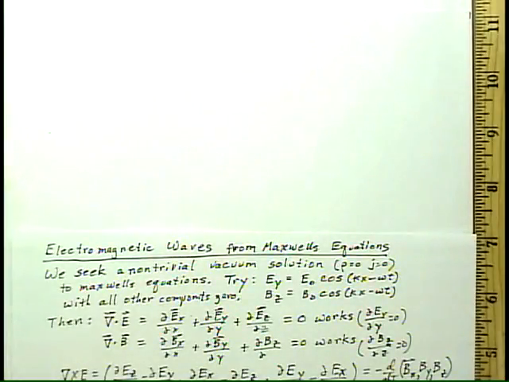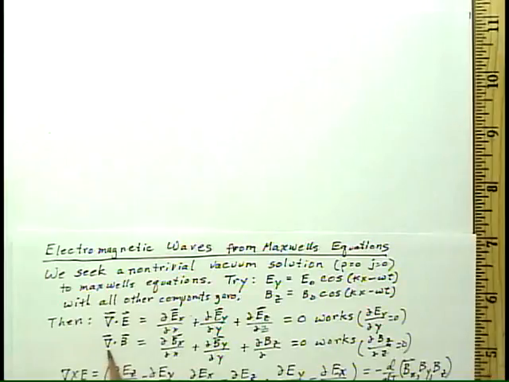This must equal 0 because there is no charge density on the right hand side. Well, that works because this term automatically vanishes, this term vanishes, and the derivative of the electric field in the y direction with respect to y vanishes because there's no y dependence here. And therefore that partial derivative vanishes, so this equation works.